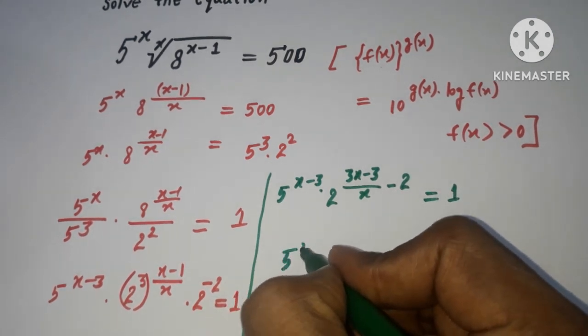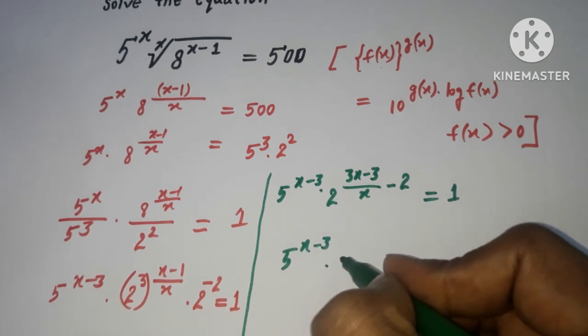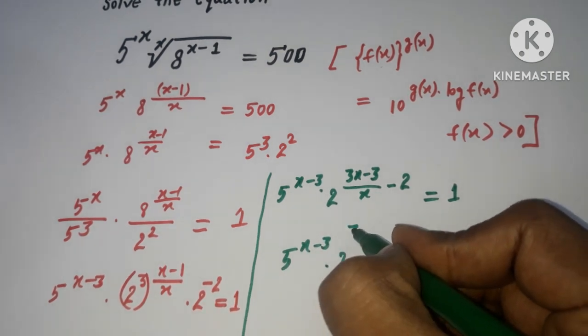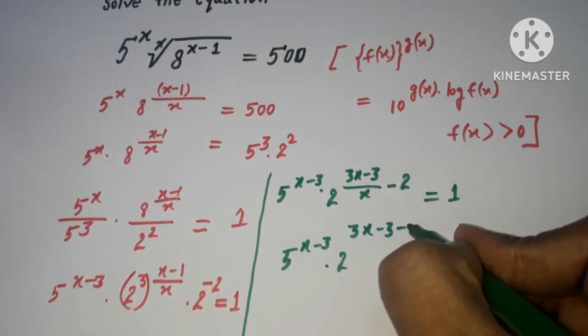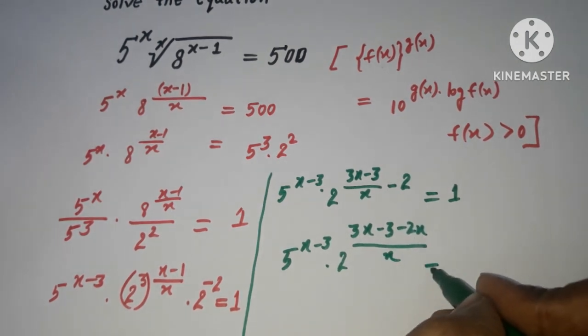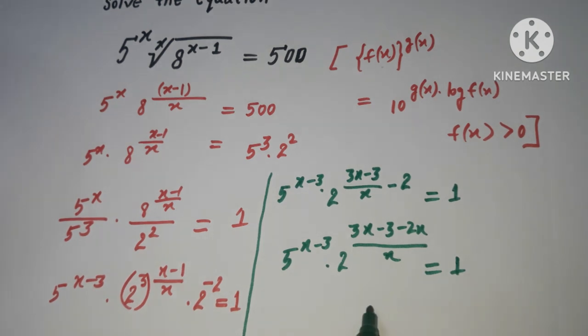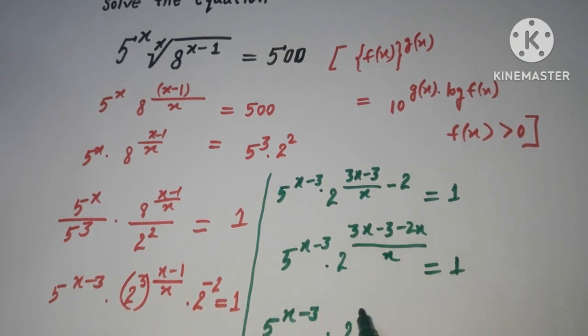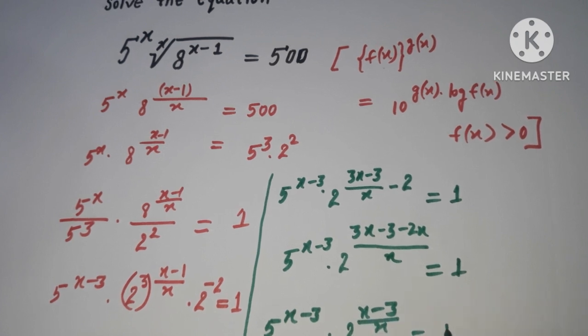So 5 to the power x minus 3, and 2 to the power of (3x minus 3 minus 2x) divided by x, is equal to 1. That can be written as 5 to the power x minus 3, and 2 to the power of (x minus 3) divided by x, equal to 1.